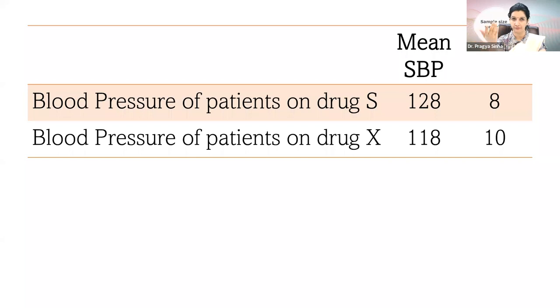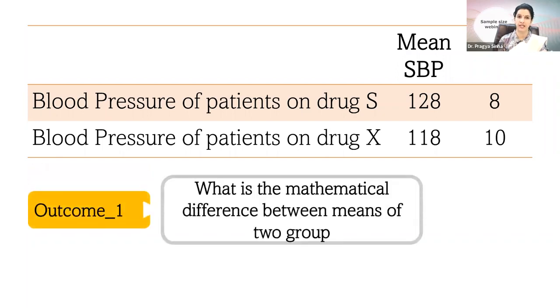So maybe on the patients who are on drug S, the mean systolic blood pressure is 128 with a standard deviation of 8, and the blood pressure of patients on drug X is 118 with a standard deviation of 10.